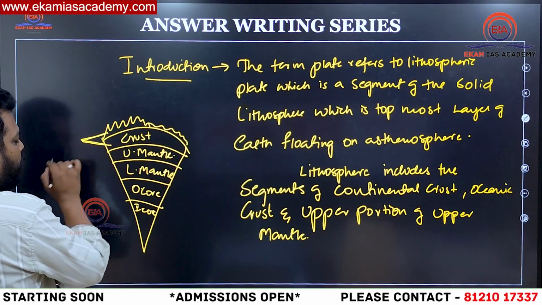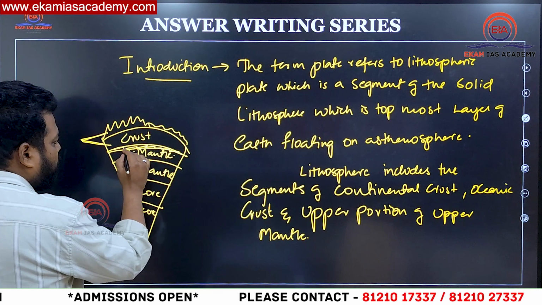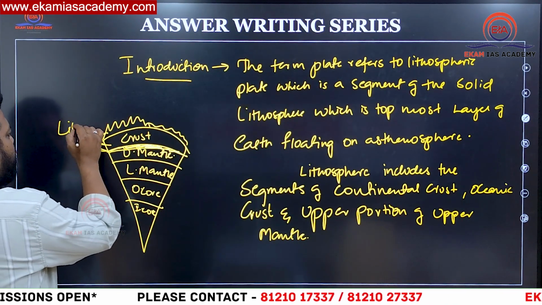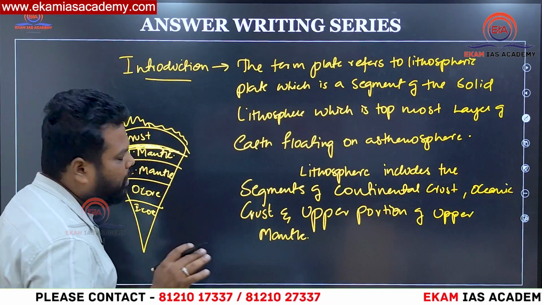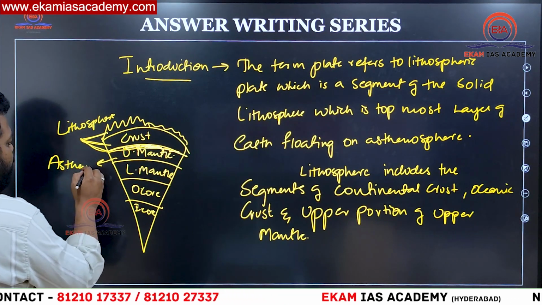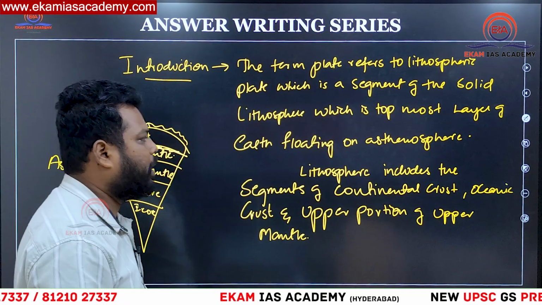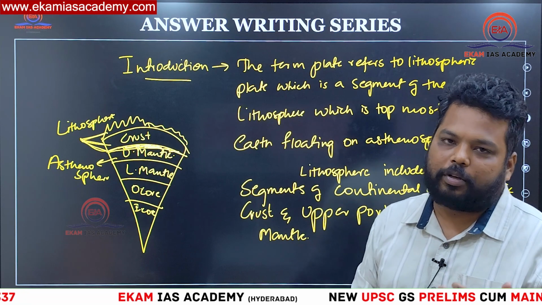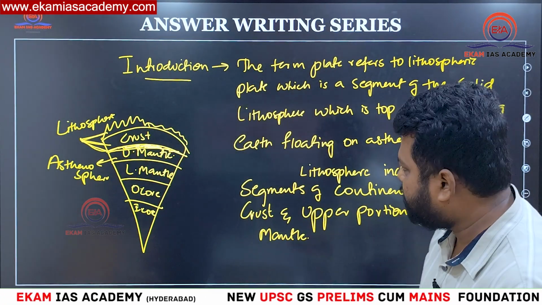These two, along with the solidified portion of the upper mantle, we call lithosphere, which is broken like a segmental structure, and below it is what we call asthenosphere. So these lithosphere segments are floating or resting on the upper mantle. Few geographers use the word floating, few use the word resting on it.